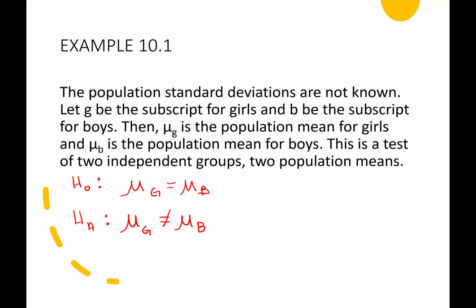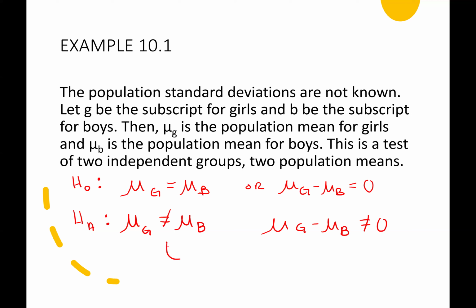Now, there is another way you could write this. You can write this is that the difference in the two means is 0. There is no difference, or that the mean difference is not equal to 0. Either way, this is going to be a two-tailed test. Would you agree?